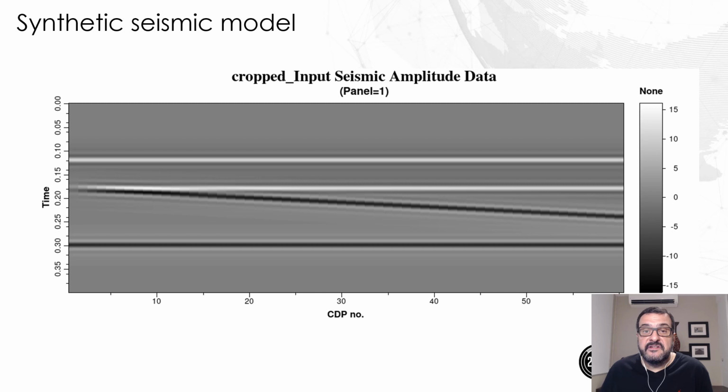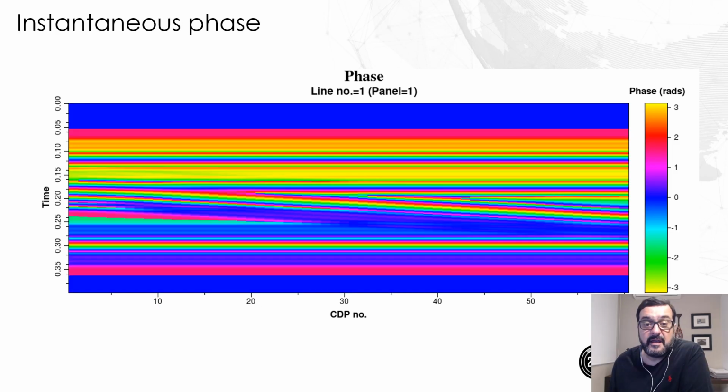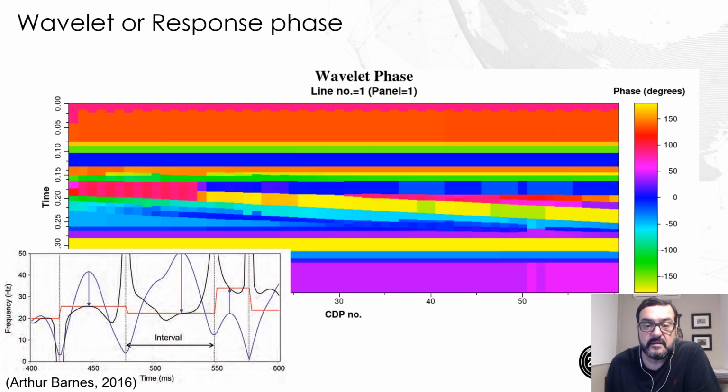We are going to use this synthetic model and this seismic trace to show you how we evaluate the seismic phase. As a reference, this is the instantaneous phase evaluated as the arctangent of the complex trace. From the instantaneous phase, we can derive the wavelet phase or response phase guided by the envelope.